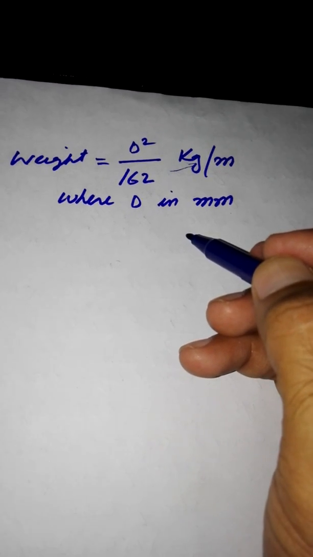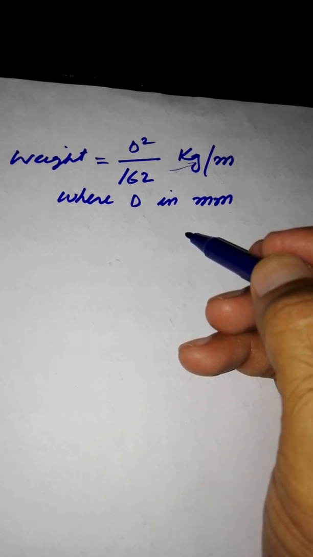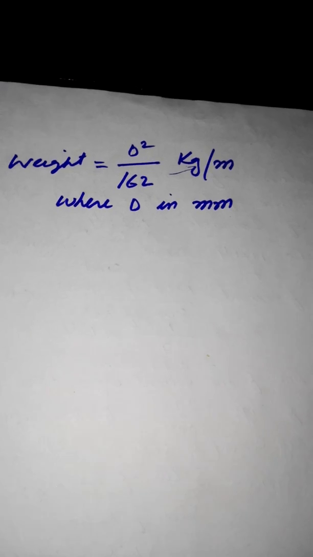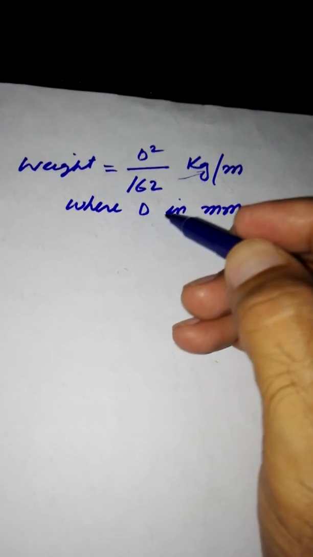So if you use any die of steel, then it will give you kg per meter.